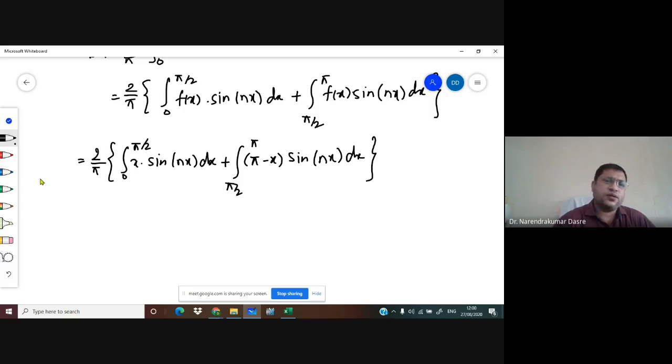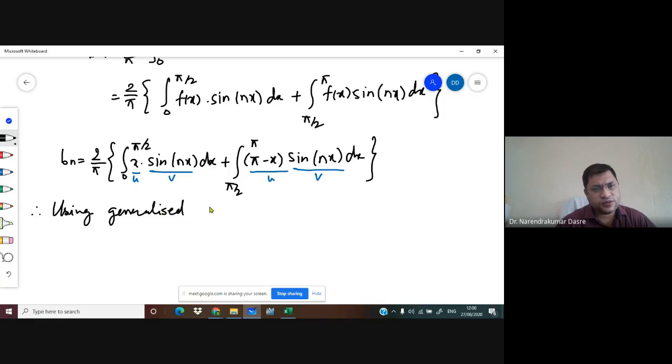Okay. Now we can see here we have to use u into v rule. Here also we have to use u into v rule. And once we identified that we have to use u into v rule, so we write using generalized integration by parts rule.